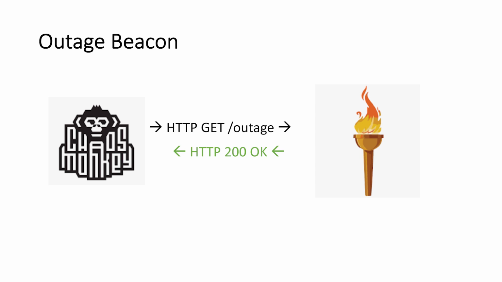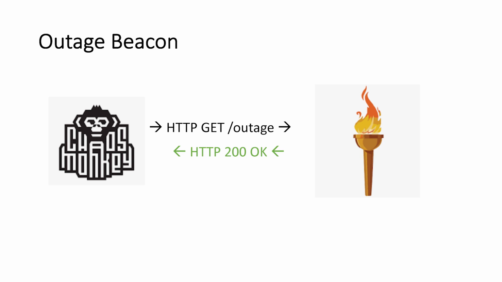So Chaos Monkey has another unimplemented interface to assess the status of an outage beacon before it performs termination. An outage beacon is just an idea that something somewhere can tell you if you're having an outage or not. A simple way to do that is just to simulate an HTTP health check and just have a service out there that when it returns 200 OK, that means no outage.